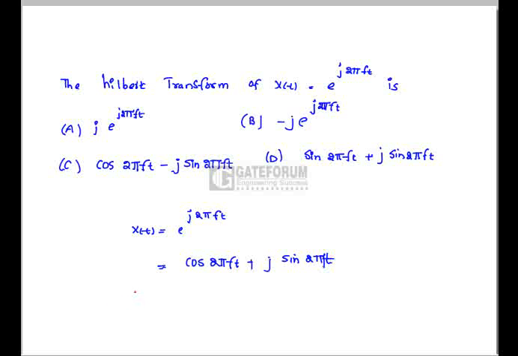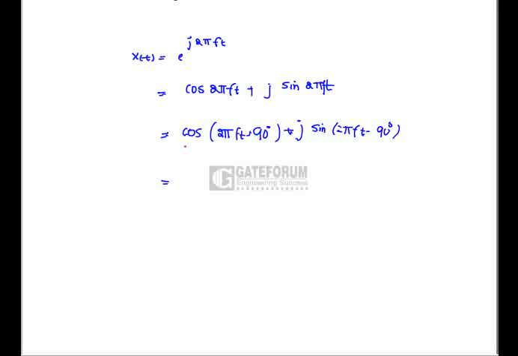We know that the Hilbert transform introduces a minus 90 degrees phase shift in x of t, that is cos of 2 pi ft minus 90 degrees plus j sin of 2 pi ft minus 90 degrees, that is pi by 2. So minus 90 degrees means the cos waveform is delayed by 90 degrees, which equals sin 2 pi ft, whereas the sine waveform delayed by 90 degrees means j cos 2 pi ft.